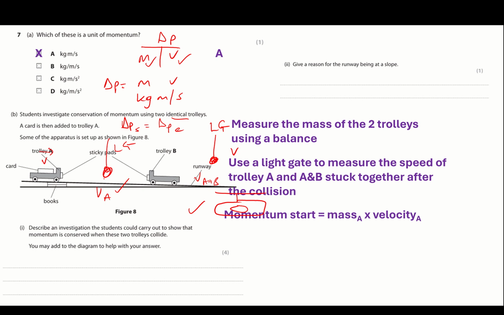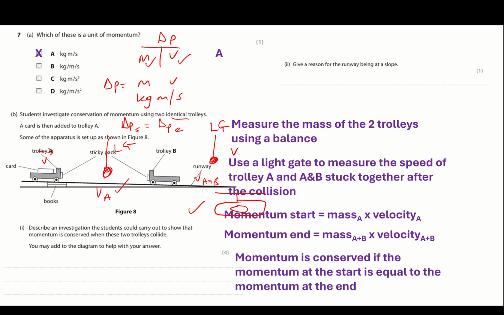So the momentum at the start must be just this thing. I've kept this one stationary, so it's going to be MA times VA. The momentum at the end must be the mass of A and B together times the velocity of A and B together, and they should be the same.